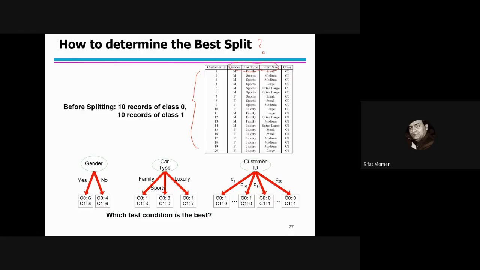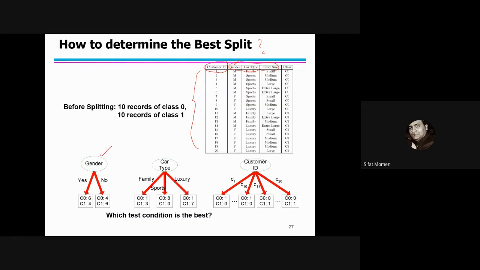Customer ID essentially should not be a feature, but in any case, we just kept it there. Depending on the gender, the card type, and the shirt size, you are classifying that group as belonging to class 0 or class 1. Now, if you're using a decision tree to make a decision, we could split first of all using gender.